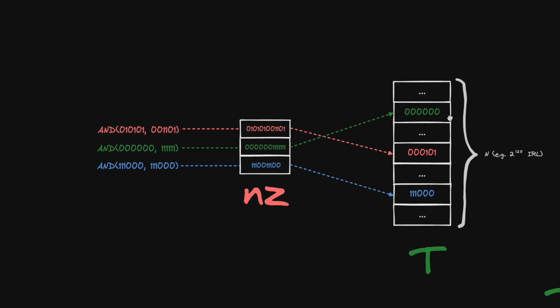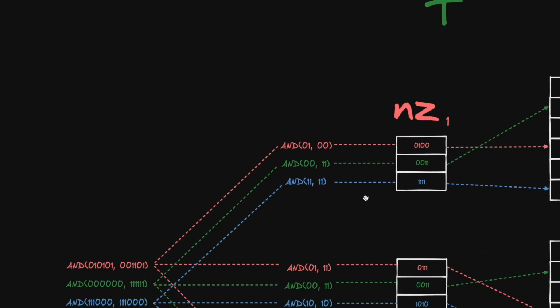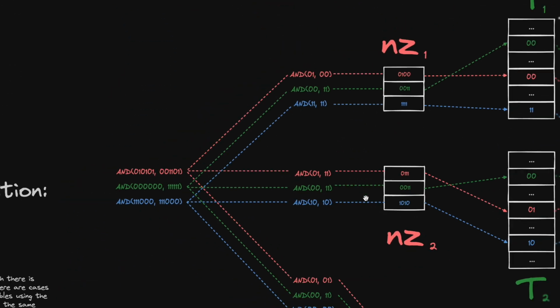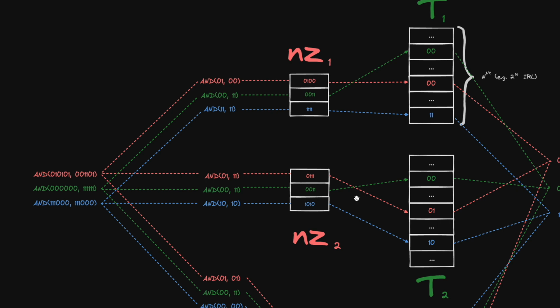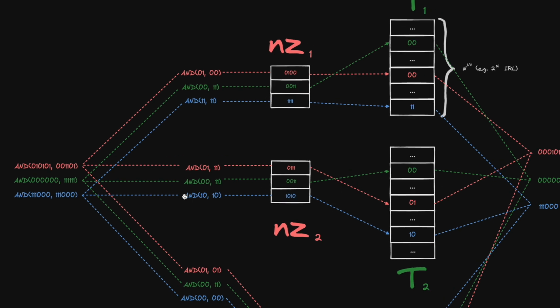So we can arrive at the same result with a few extra steps by decomposing, which is depicted here. The high-level observation is that the result of the bitwise AND can be computed from smaller bitwise ANDs, basically splitting up the operands. So here we have the same bitwise AND operations.